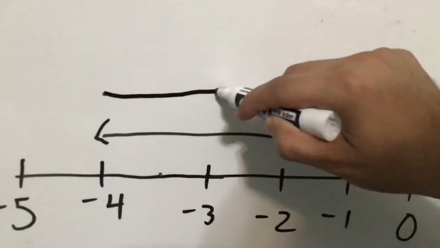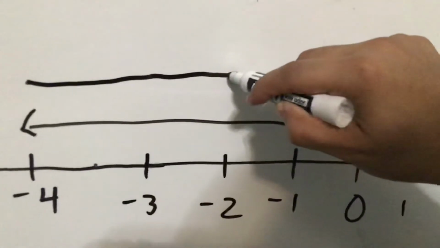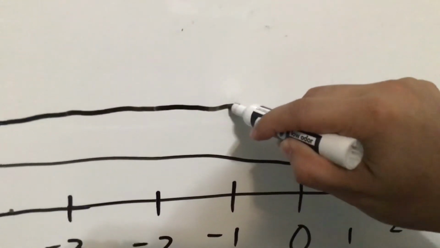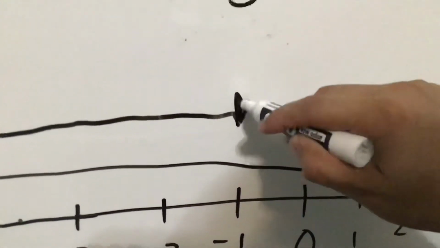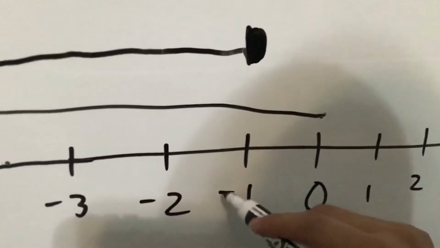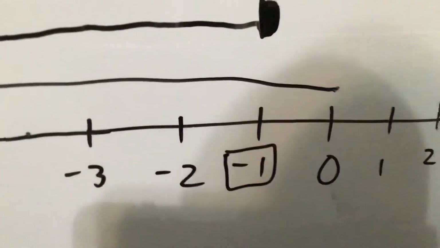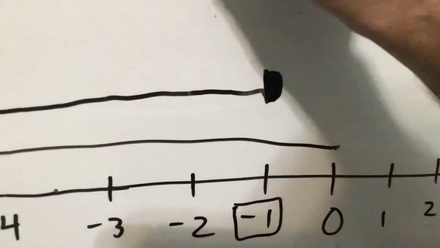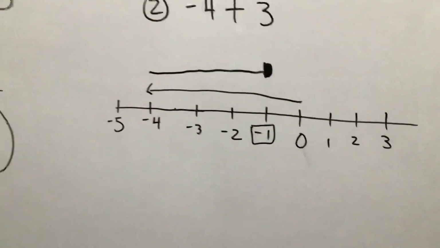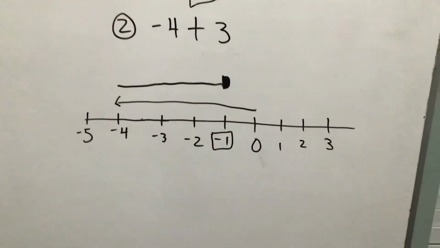We go 1, we go 2, and we go 3 places. And that ending point is your answer. So your answer is -1, as you can see, -1. So that's how you will work it out on a number line.